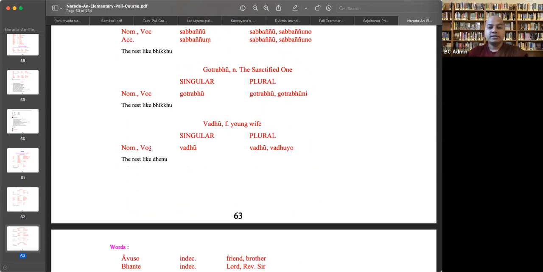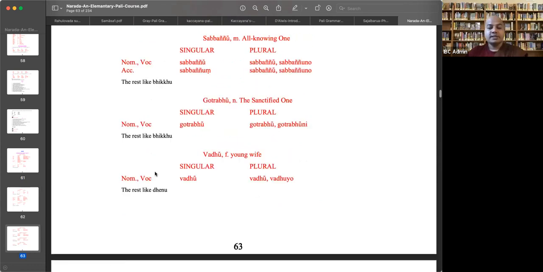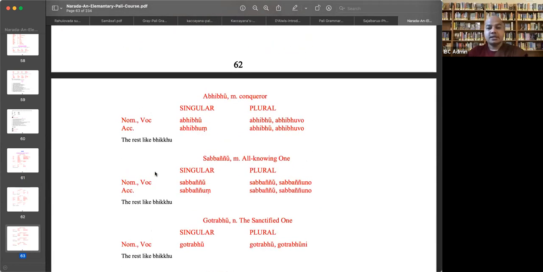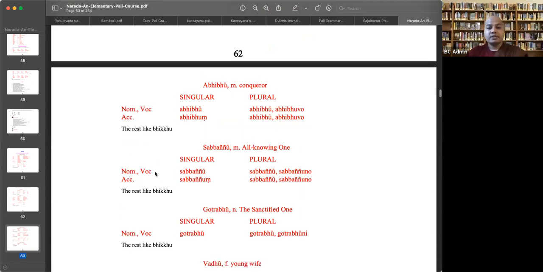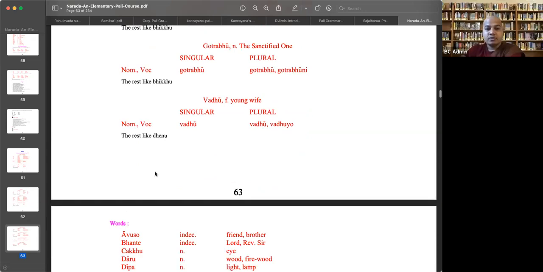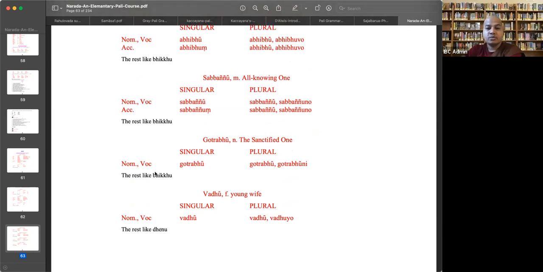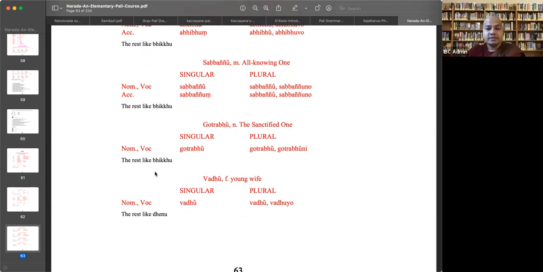It is really interesting to see that in this lesson you actually have primarily 6 to 7 declensions introduced. Declensions of nouns ending in short u, and also of nouns ending in long u, of all three genders. So 6 to 7 declensions are introduced here.